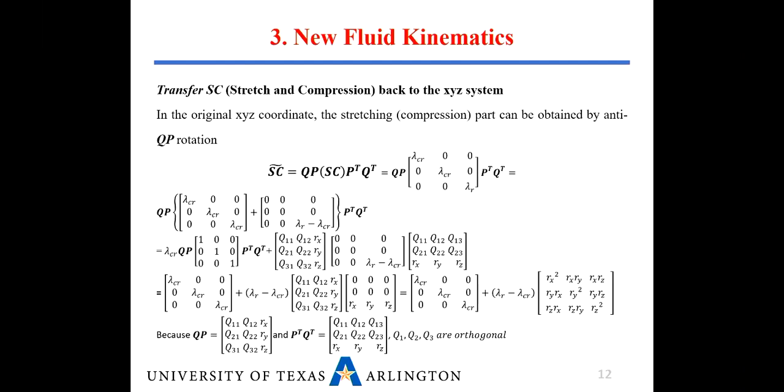So when we go back, what do you see? You see that lambda CR is identity. This part is identity. This part is an additional part caused by the vortex. Well, a vortex has an axis. This axis causes some trouble.